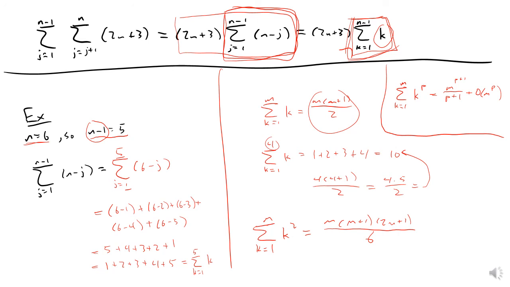So in other words, if you're adding this up, then you're going to get something on the order of m to the p plus 1.